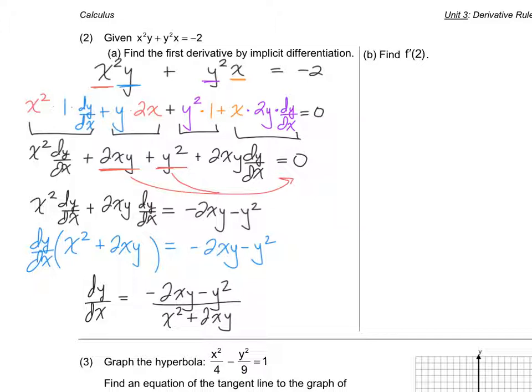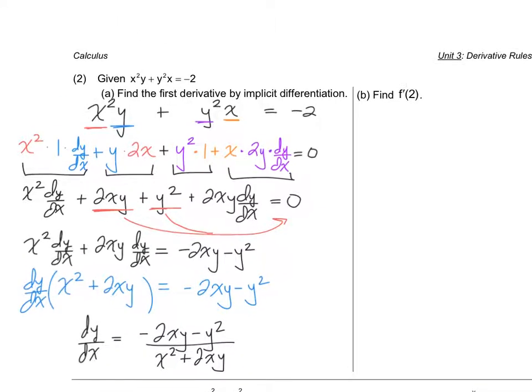All right. Now it's asking us in the second question to find f prime of 2. The way it's written is sort of a typo, because it's not a function of x.